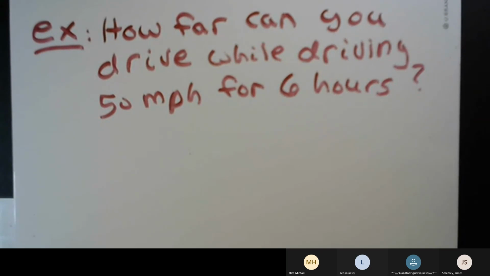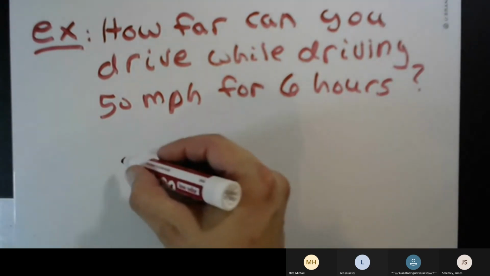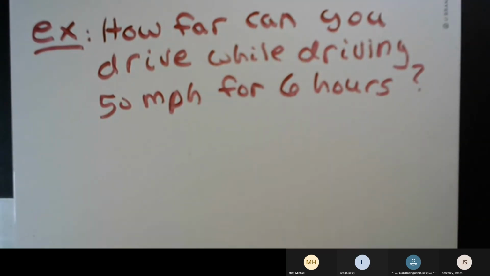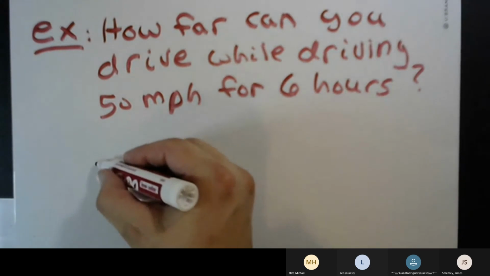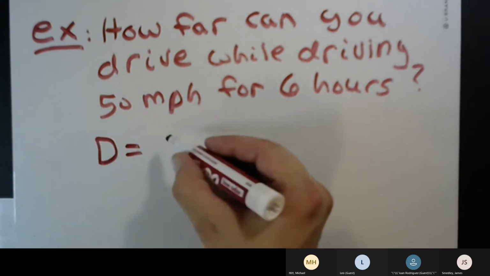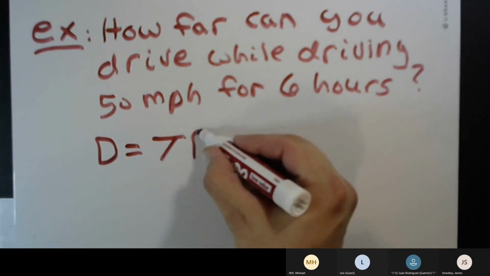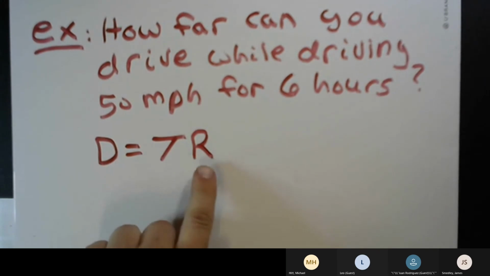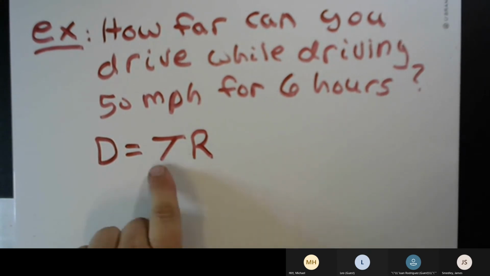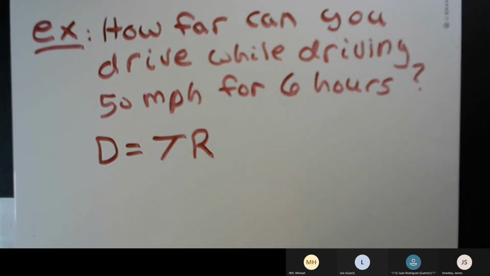Well, here we're asking about distance. So we're going to use that formula for distance. And distance is time times rate, or rate times time. You could switch the order on these.